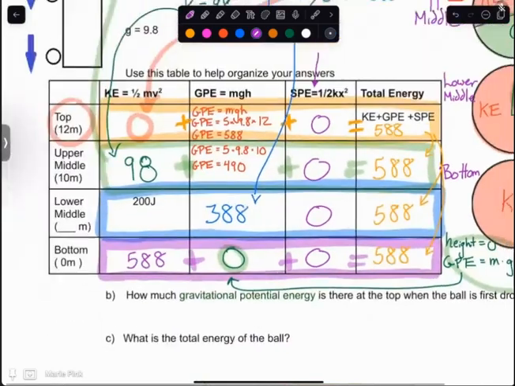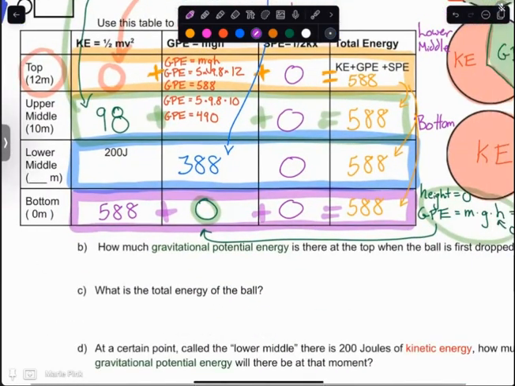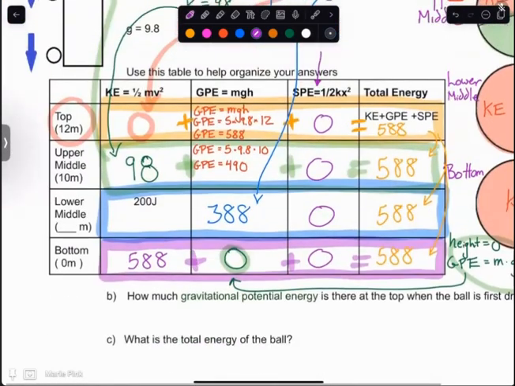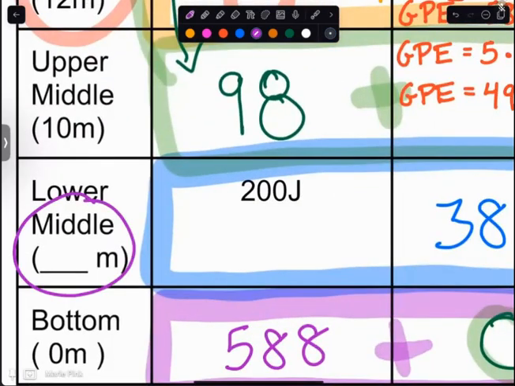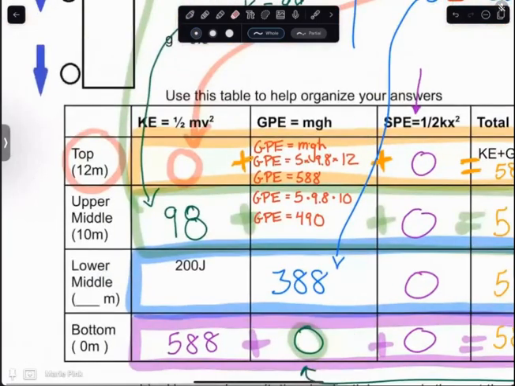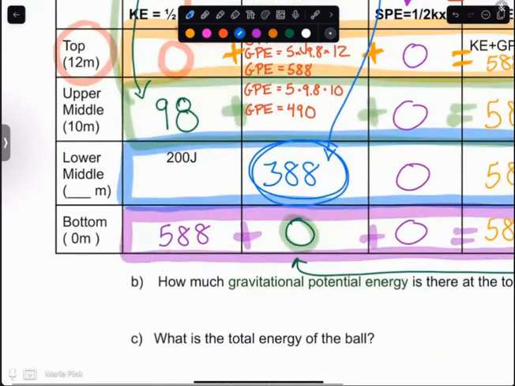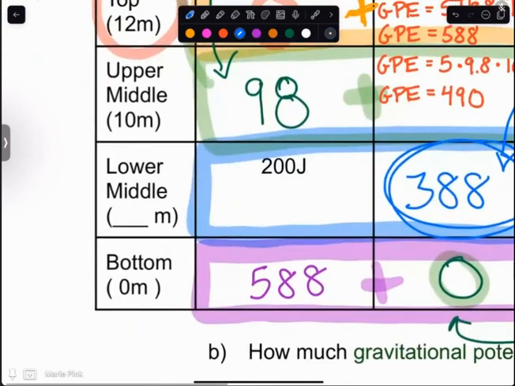Now, the only thing left is it wants to know how high it was here. At lower middle, what was the height? Well, I'm not told the exact height, but I just figured out right here that the GPE was 388. So I can find that height.